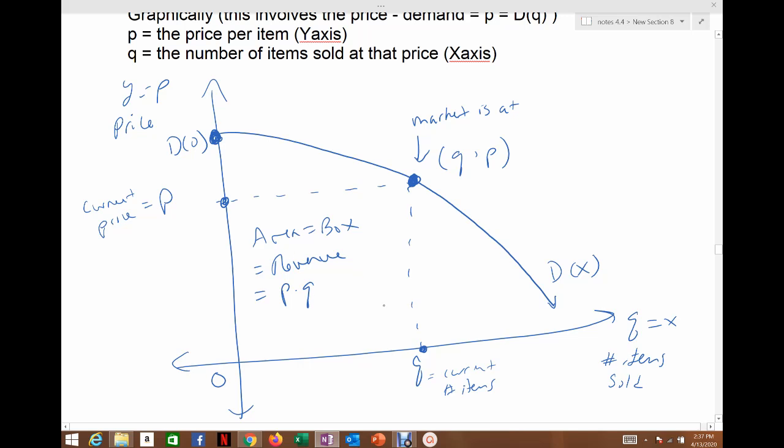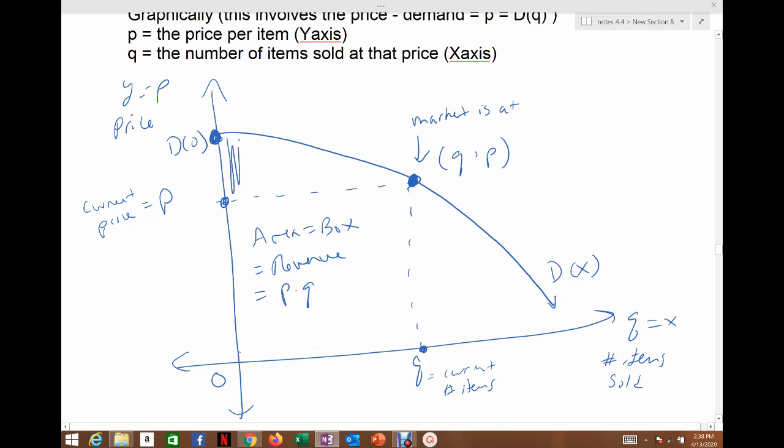And so this area is price times quantity, as it would be this rectangular area. Our base is quantity 0 to Q, and our height is price. And so this dotted area is how much they spent. This is the revenue generated from sales, the dollar amount they spent. That's what that box area represents.